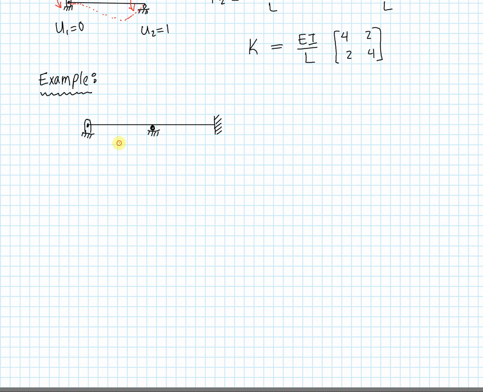And we are given the lengths L, L, and the properties EI and EI. And we have the nodes A, B, and C. And so what's happening to this beam is that there is an externally applied flexure or bending moment with a magnitude of M.